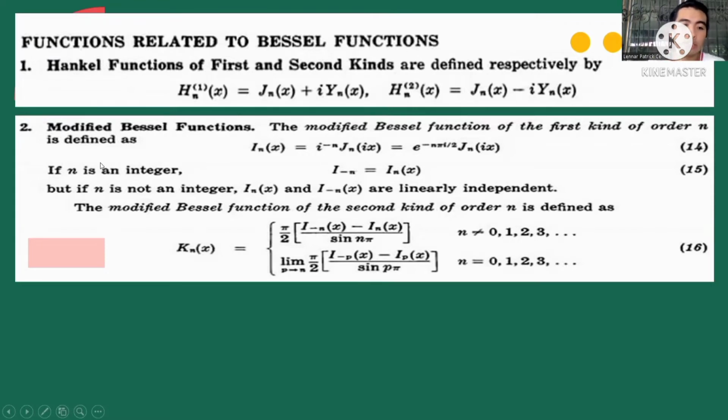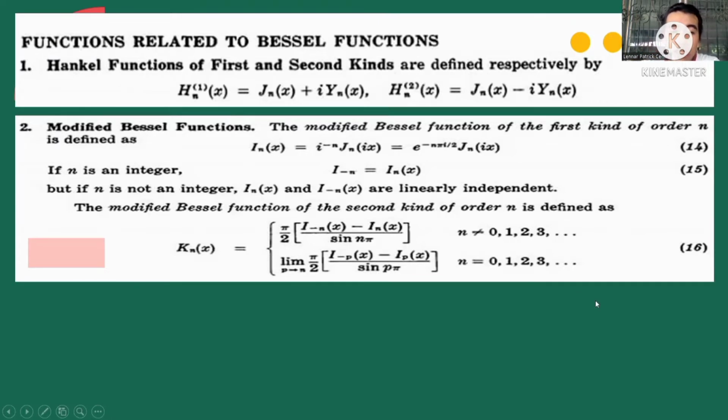But if n is not an integer, I sub n of x and I sub minus n of x are linearly independent. The modified Bessel function of the second kind of order n is defined as K sub n of x equal to pi over 2 times I sub minus n of x minus I sub n of x, all over sine n pi, where n is not equal to 0, 1, 2, 3.